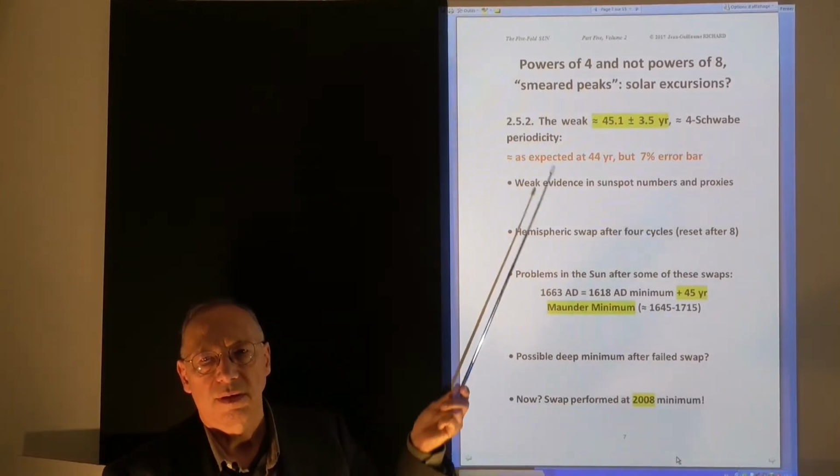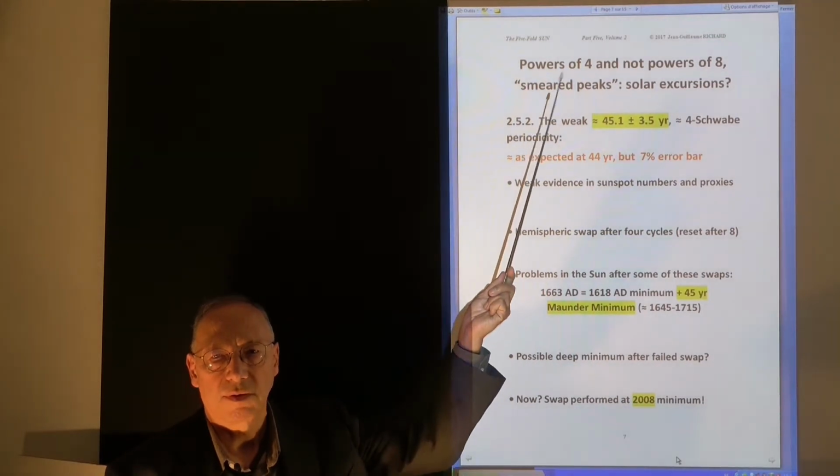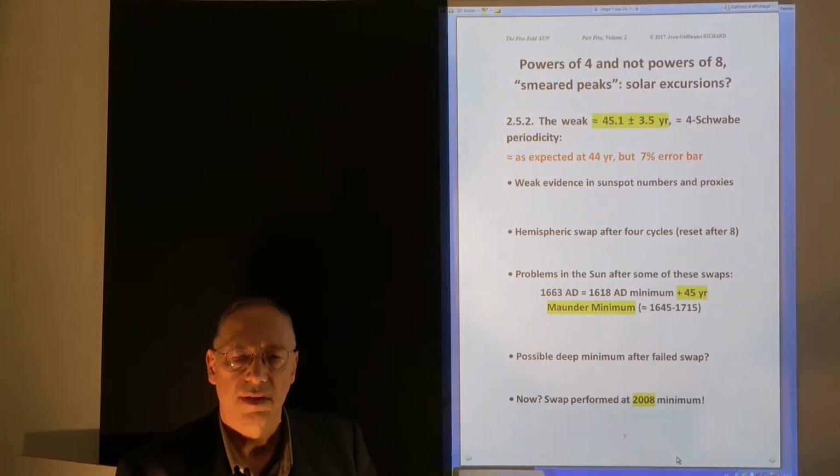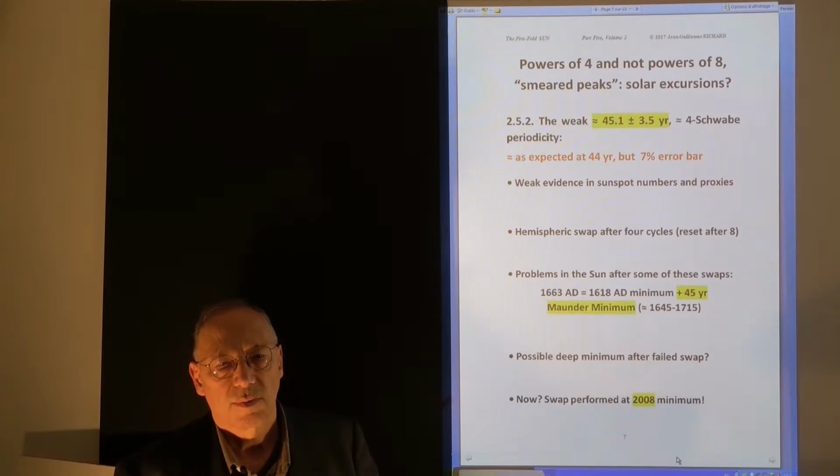So those are the, again, powers of 4 and not powers of 8 as integral multiples of the Schwabe length, the smeared peaks, which maybe correspond to solar excursions and solar activity behavior.